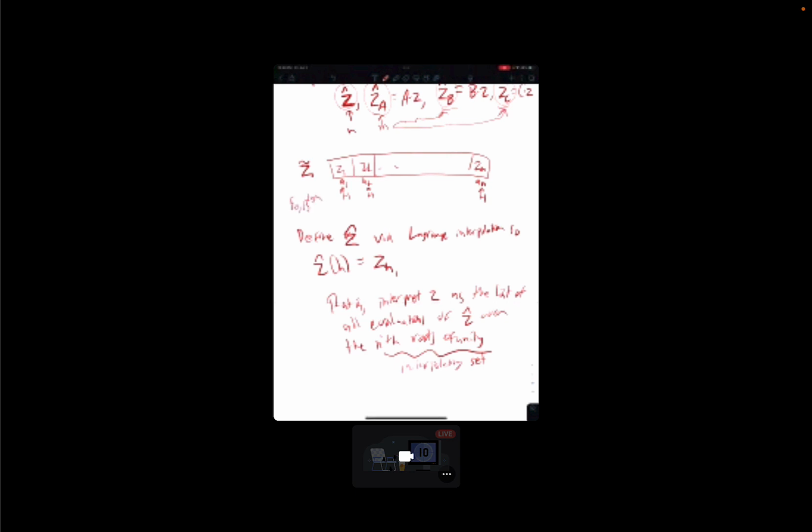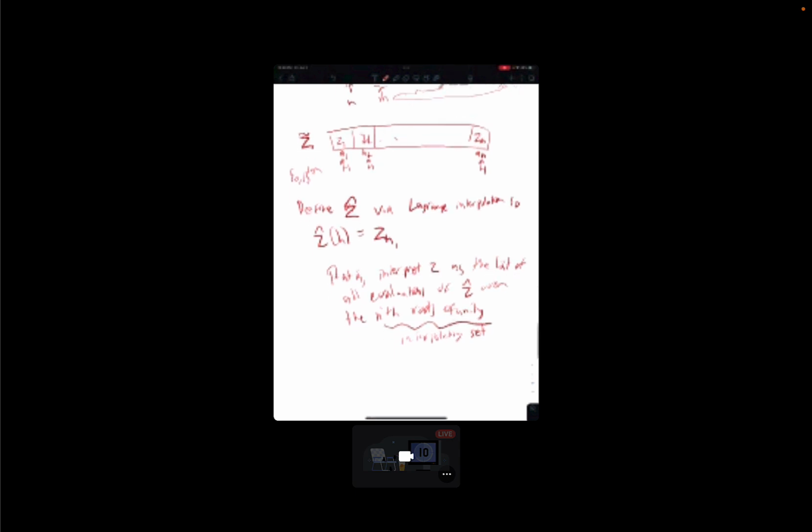Now the interpolating set is not the Boolean hypercube, but the nth roots of unity. And so the natural low degree extension that has the nth roots of unity as its interpolating set is univariate.